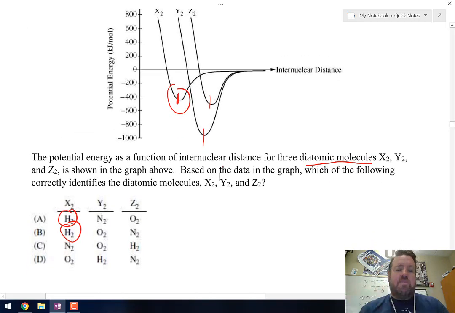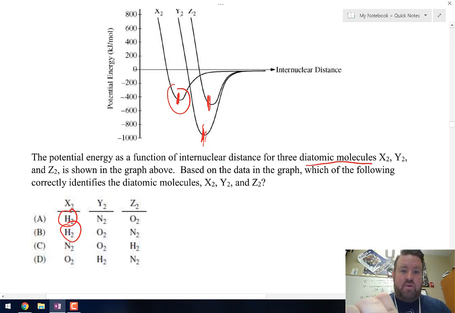But between N2 and O2, we have that same question: oxygen atoms are smaller than nitrogen atoms, so they're going to be closer, but nitrogen has a triple bond and oxygen only has a double bond. So internuclear distance-wise they're real similar, and we don't necessarily know exactly which one is going to have the smaller internuclear distance.